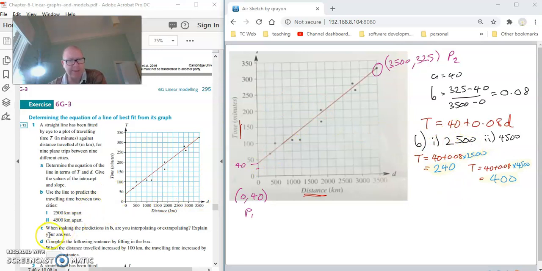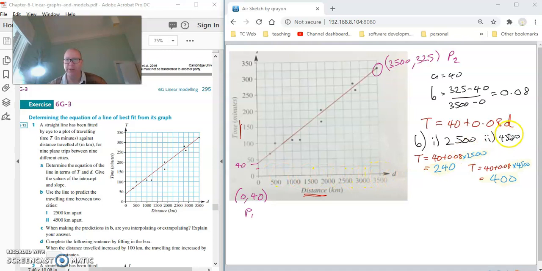Okay, part C. When making predictions in B, are you interpolating or extrapolating? And this is really important. Okay, so the only thing that tells you whether you're interpolating or extrapolating is whereabouts your distance is. Okay, so in this case, I've got a range of values from around about 400-ish all the way to 3,500.